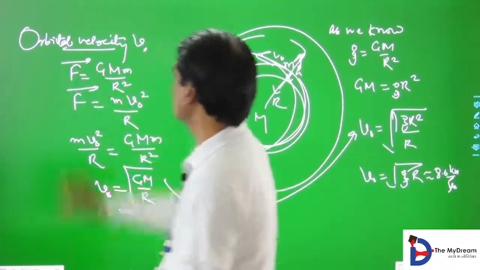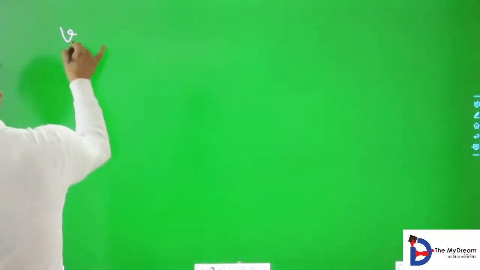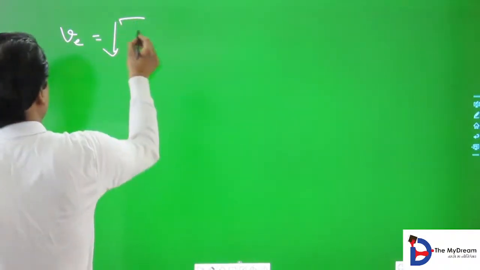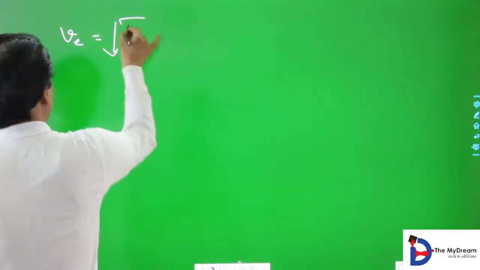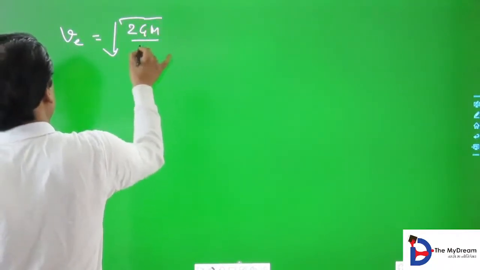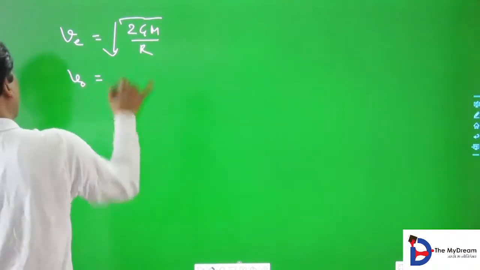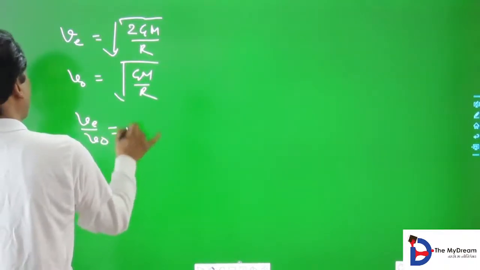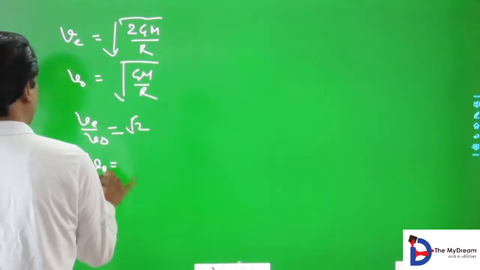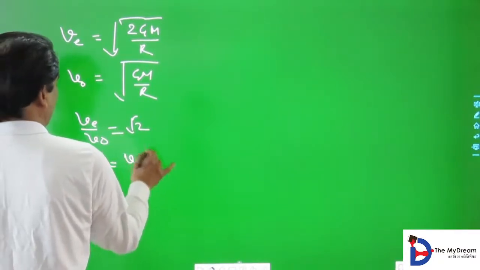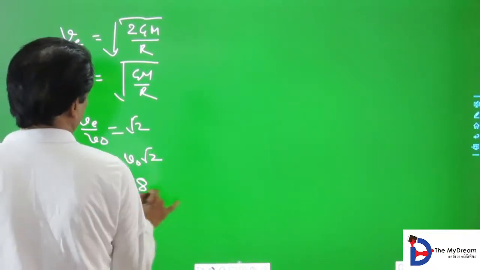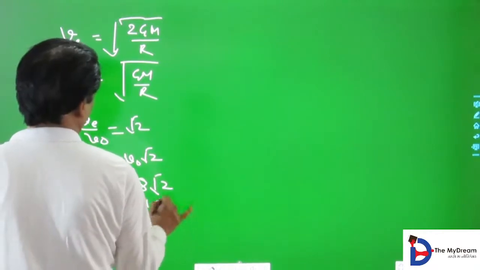Now, relation between the escape velocity and orbital velocity: escape velocity is given by root of 2GM by r, and orbital velocity is given by root of GM by r. So VE upon VO is equal to root 2, that is VE equals root 2 times VO. If it is multiplied by this, I told you, then you will get 11.2 kilometer per second.